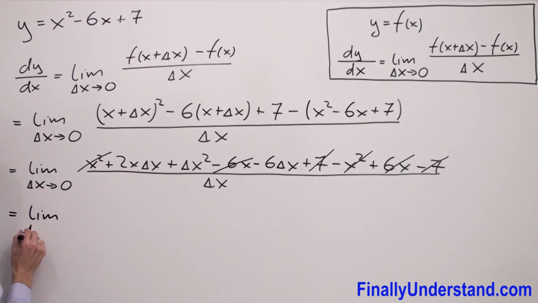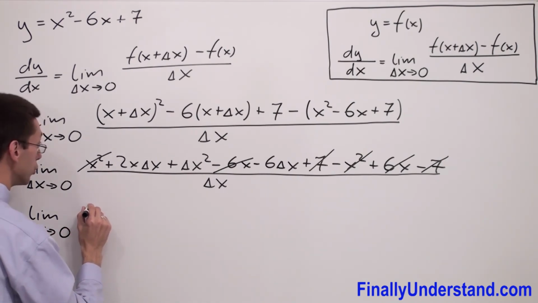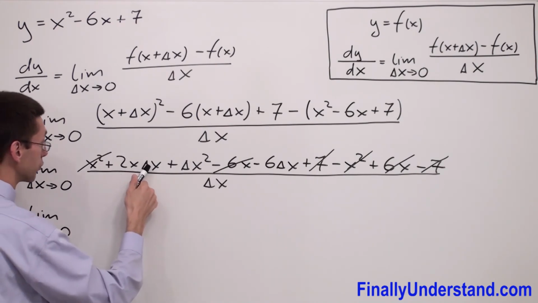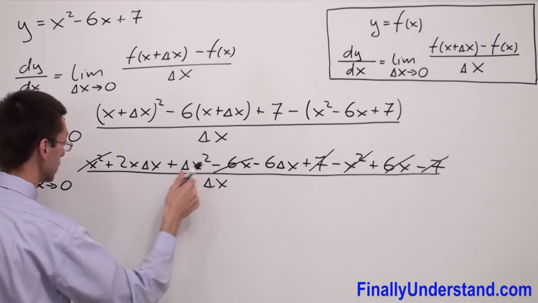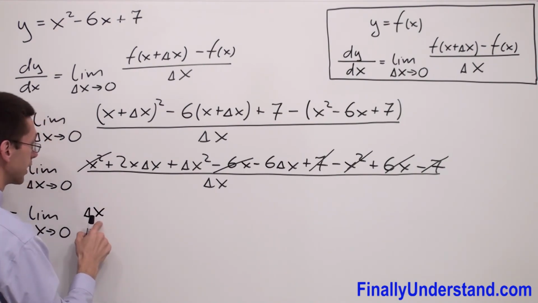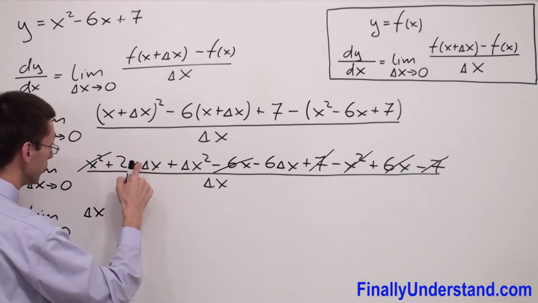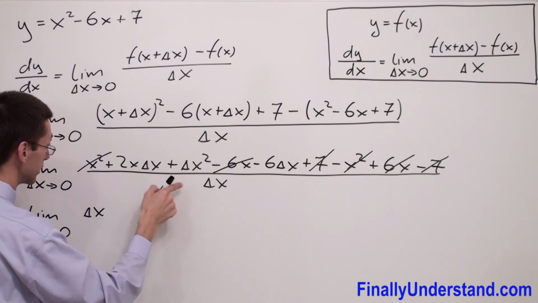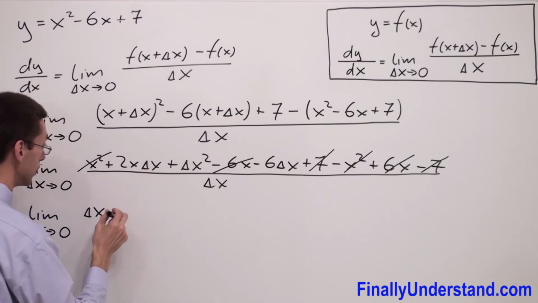So copy down limit as delta x approaches 0 of, okay, I can factorize from these 3 terms delta x. Why am I supposed to factorize delta x? Because I want to reduce numerator and denominator by delta x. I want to cancel out the delta x.